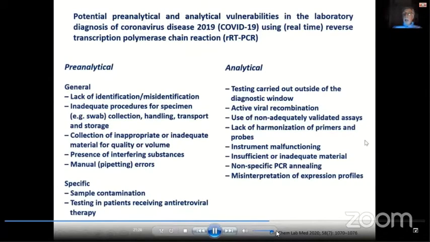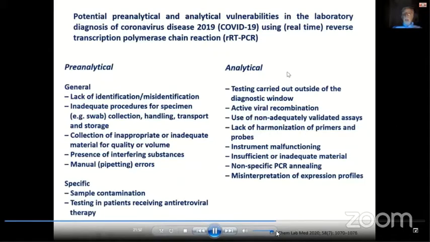There are hundreds of different kits, and not all of them are so valid in doing the test. There is, if possible, instrument malfunctioning. There is insufficient or inadequate material. There is no specific PCR annealing if the probes are not very specific. And also there is a problem of misinterpretation of the expression profile. This means that we have a lot of possible problems in the pre-analytical or analytical phase.